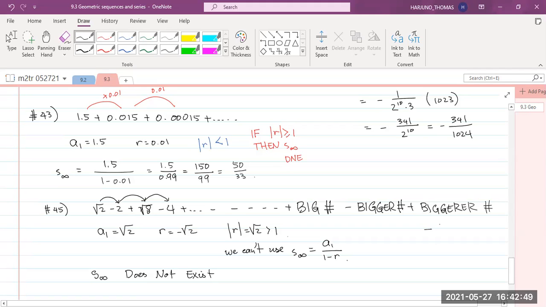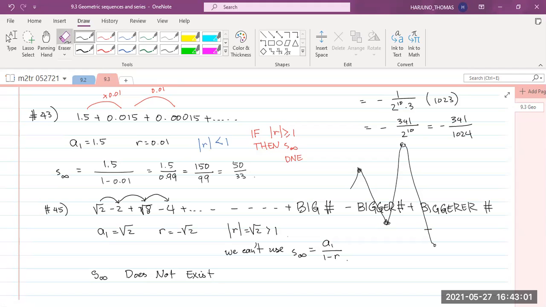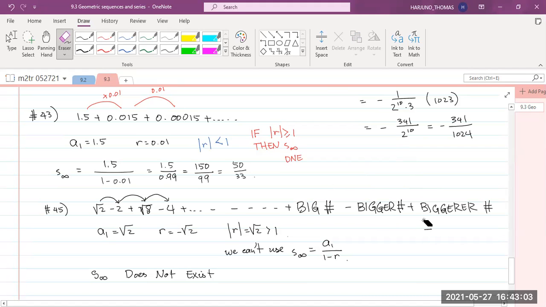So you add a big number, but then you subtract by a bigger number, and then you add by a bigger number, and then you subtract by a bigger number. In calculus, we call that divergent. It doesn't go to a specific number.